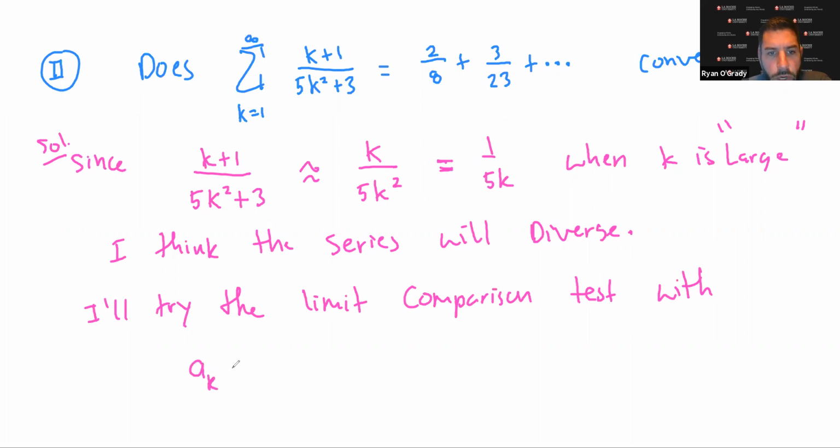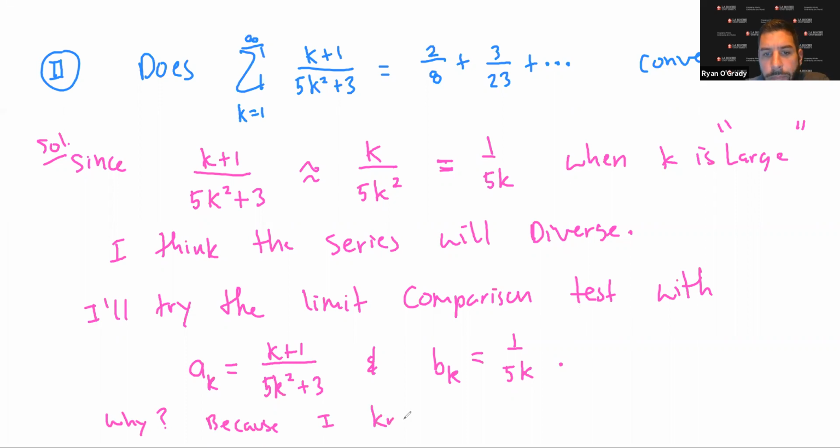I need to have two terms. My first term will be the one that I'm interested in, and my second one will be the one I'm going to use to compare. Let me remind you why I'm doing this. Because I know that this series diverges.